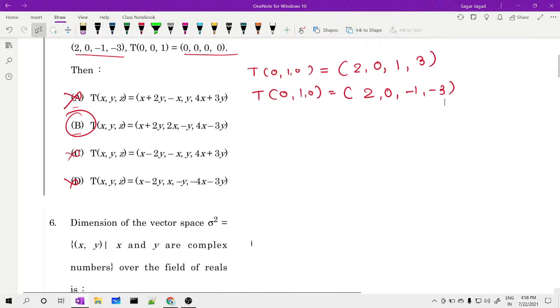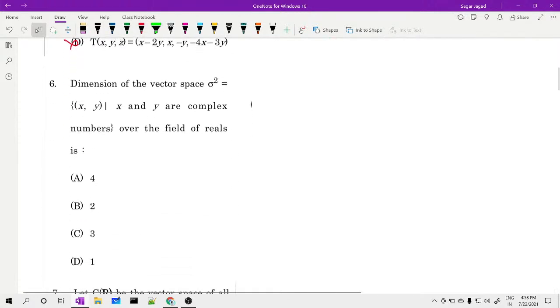Right, great. Now the dimension of the vector space sigma square, where x and y are real numbers. Sorry, the ordered pair is x comma y, where x and y are complex numbers over the field of real numbers. This is a trick, my dear friends. If you just try to observe this, we have complex numbers over the real numbers. So how can we define the dimension?